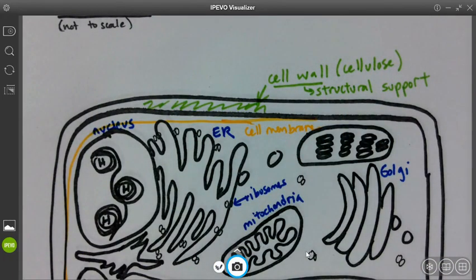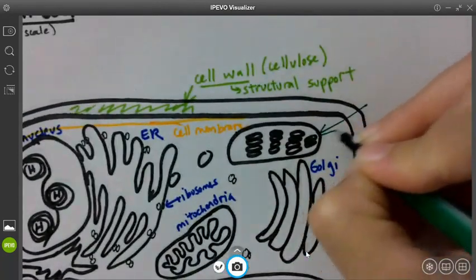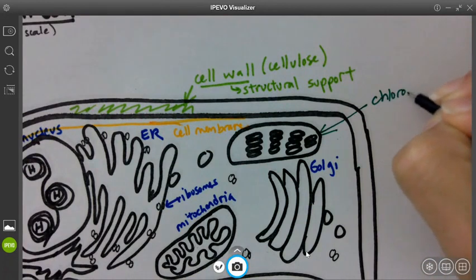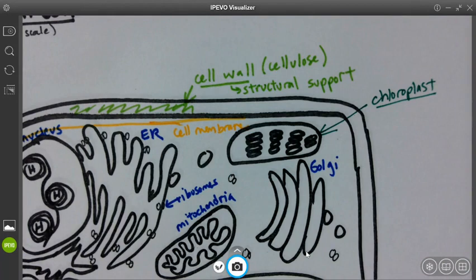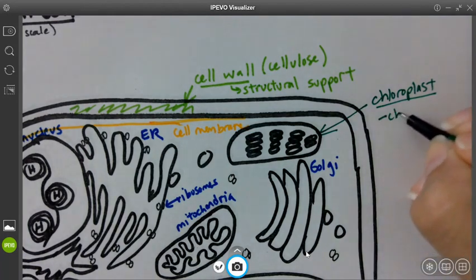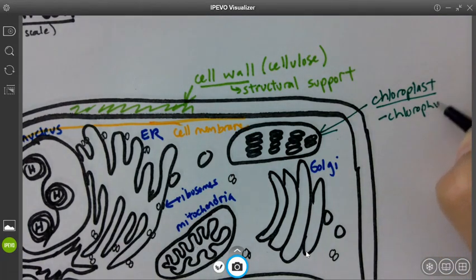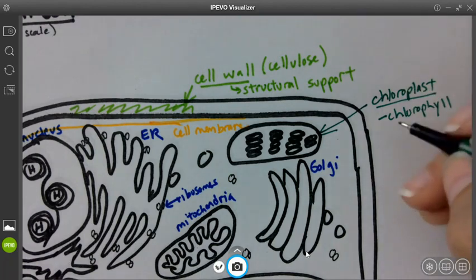They also have the chloroplast. Here's the chloroplast right here. The chloroplast is able to harness the energy from the sun using chlorophyll and other pigments. It can harness the energy from the sun to do photosynthesis.